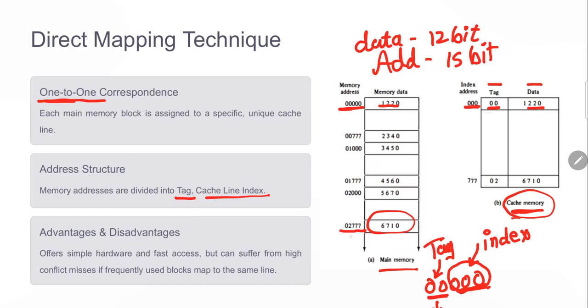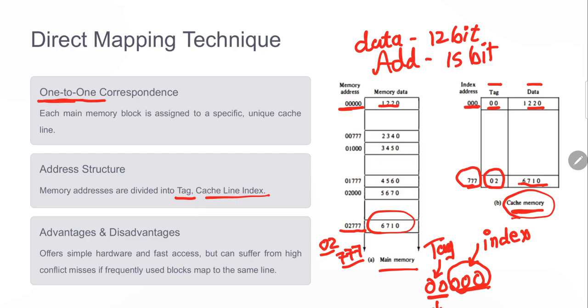It is divided into two parts, 02 and 777, where 02 is your tag and 777 is your index. So at location 777, this data 6710 is stored along with the tag 02.